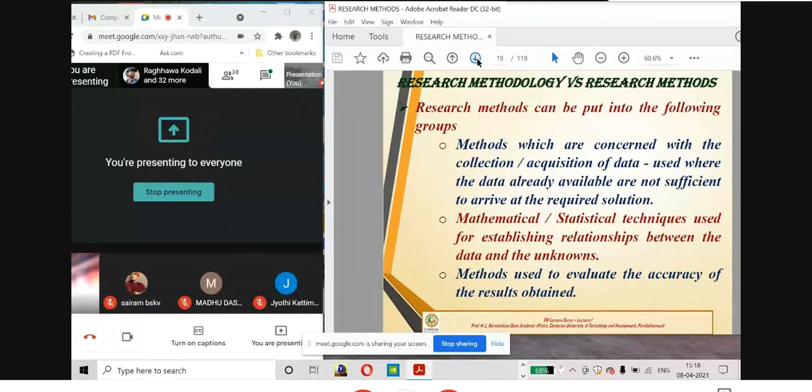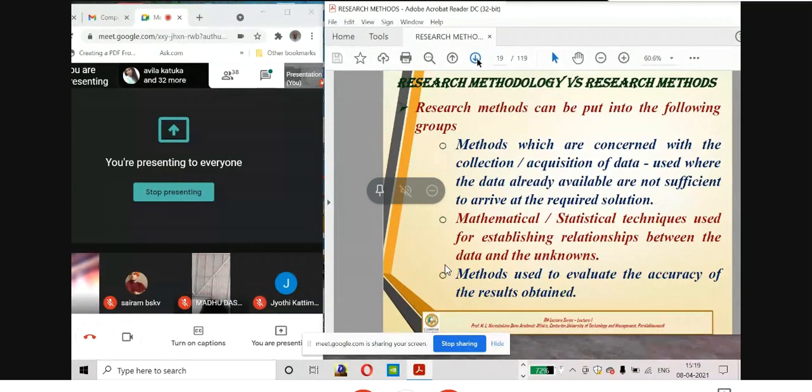That means you borrow the data. All that borrowed data is called the secondary data. So for collecting the secondary data, there must be certain methods. All those methods which are concerned with data collection are one group.